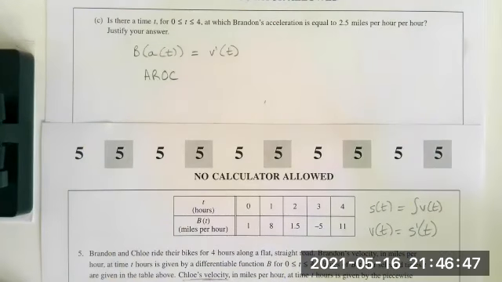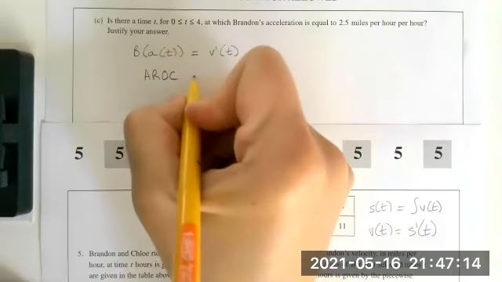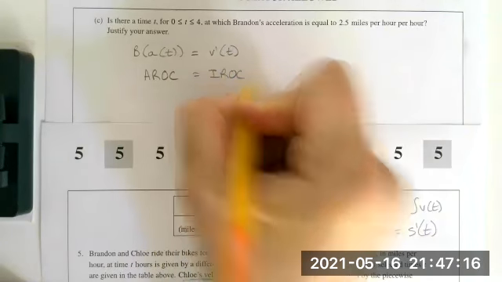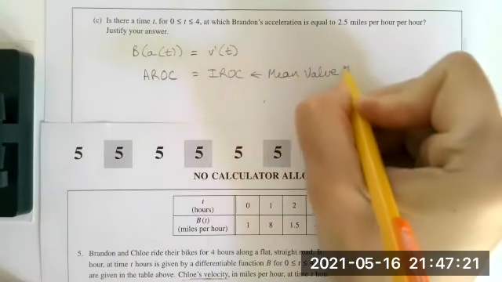So if we can find 2 points in time between which there's a slope or a rate of change that is 2.5, then we can declare that, based on this chart, we found 2 points where the slope is 2.5. Therefore, between those 2 points, Brandon must have an acceleration of 2.5. Well, this is called the good old-fashioned mean value theorem.